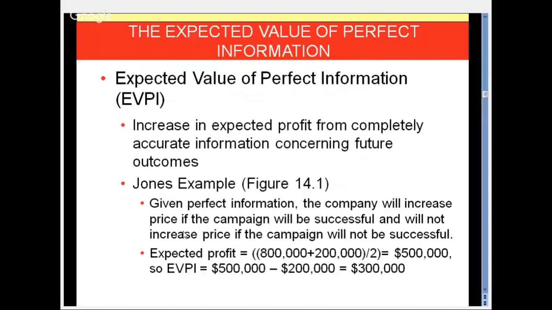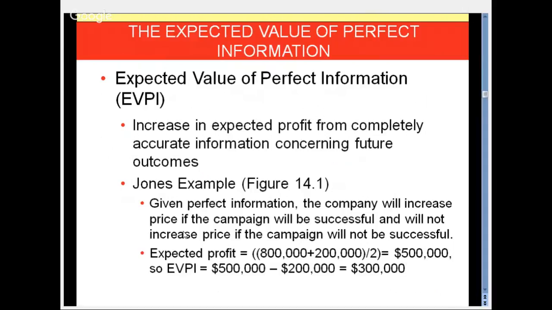Given our example, if I had perfect information, the company would increase the price if the campaign was successful and would not increase it if the campaign was not. If I knew it was going to be successful, I'd get 800,000. If I knew it wasn't going to be successful, I would not increase price and I'd get 200,000.